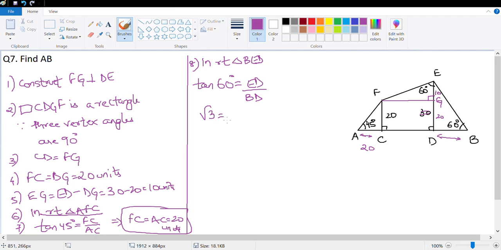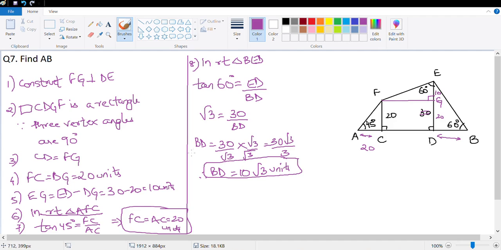So root 3 is equal to ED, which is 30, upon BD, which means BD is equal to 30 upon root 3. Let's rationalize. So this is 30 root 3 upon 3. Therefore, BD is equal to 10 root 3 units.